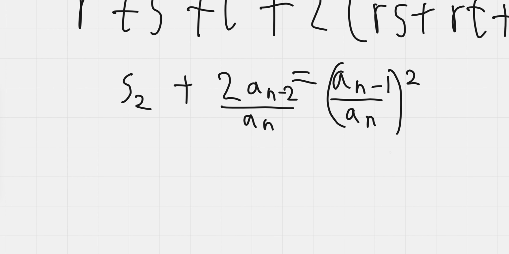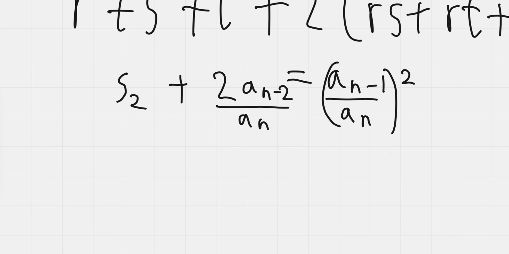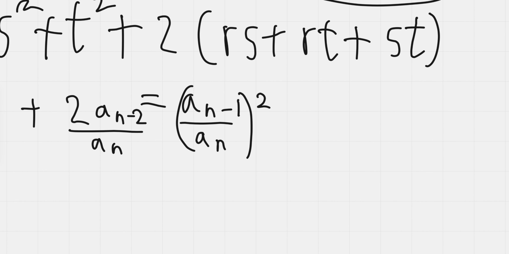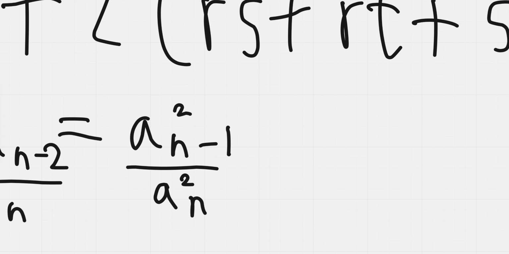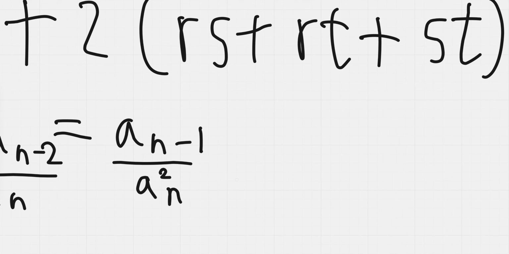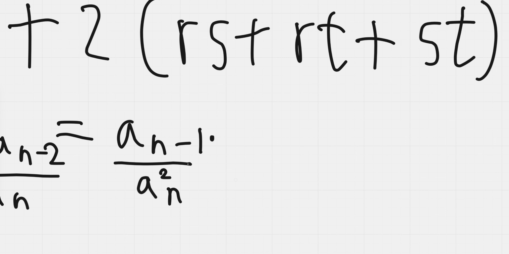Which means that we are going to have something that looks like this, except you don't actually have to define it as a sub n minus 1 squared. You can also define it as this.